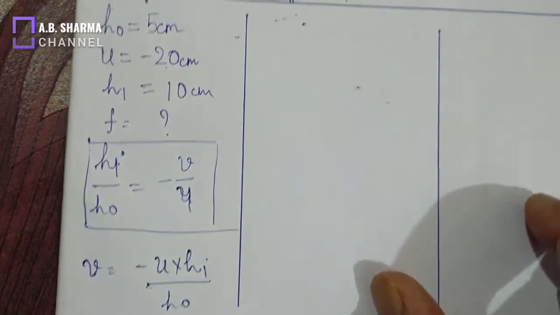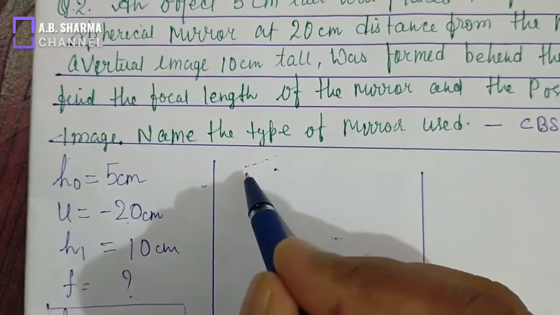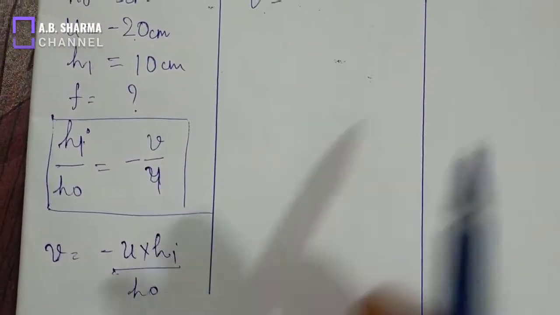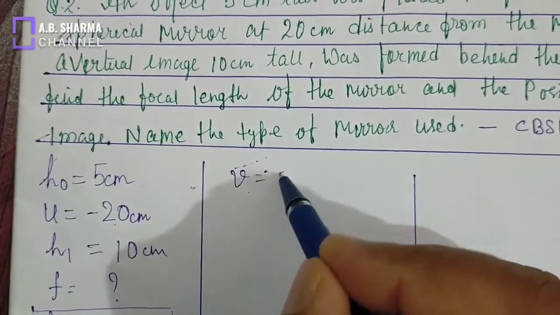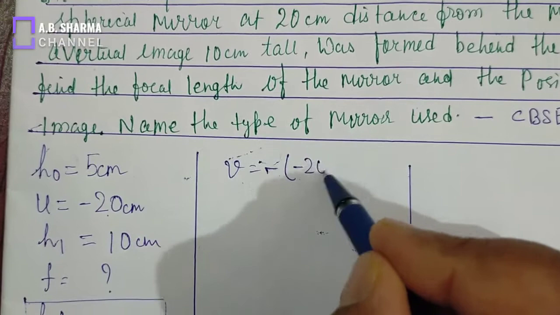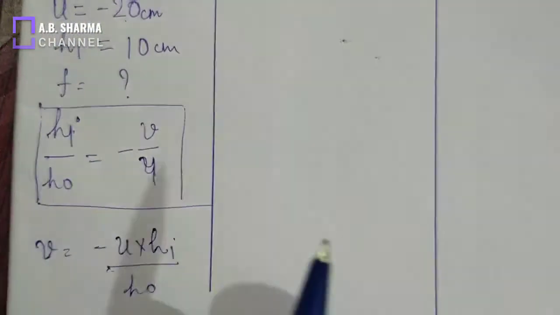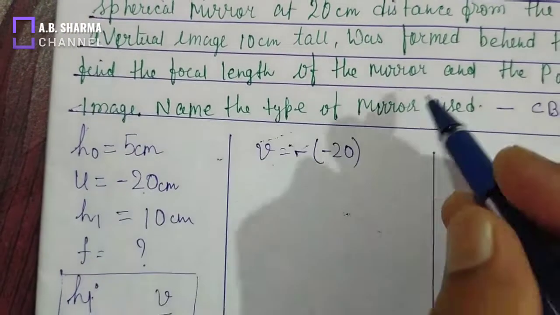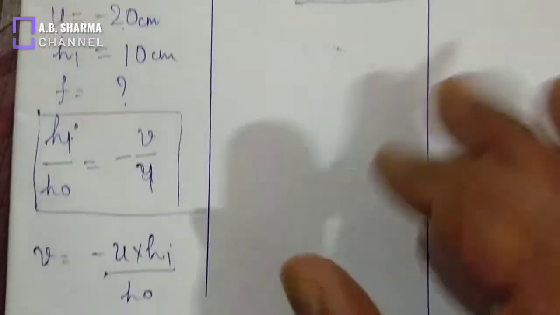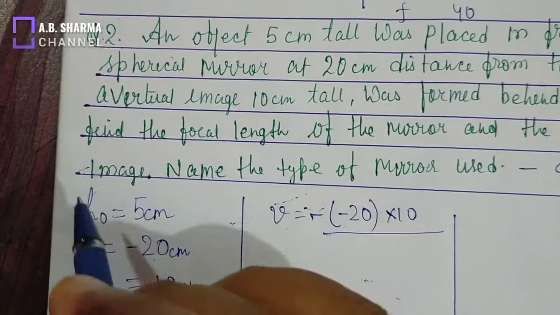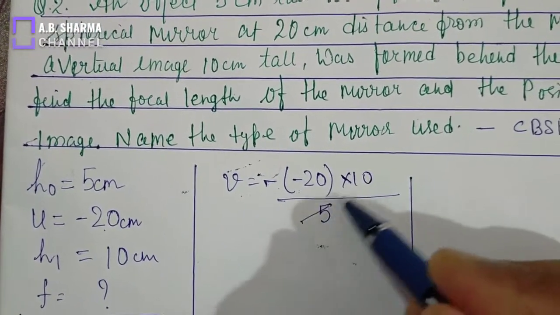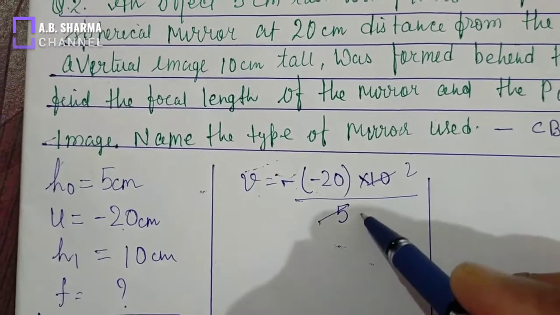Now we will put the values. V equals to minus u into hi upon ho, and value of u is minus 20, and value of hi equals to 10 divided by value of ho equals to 5. 10 by 5 is 2.